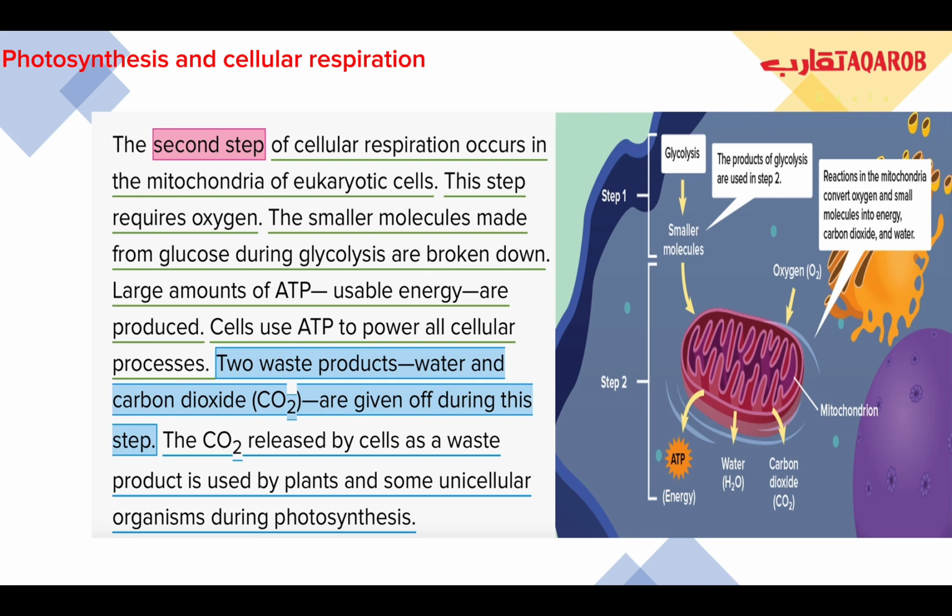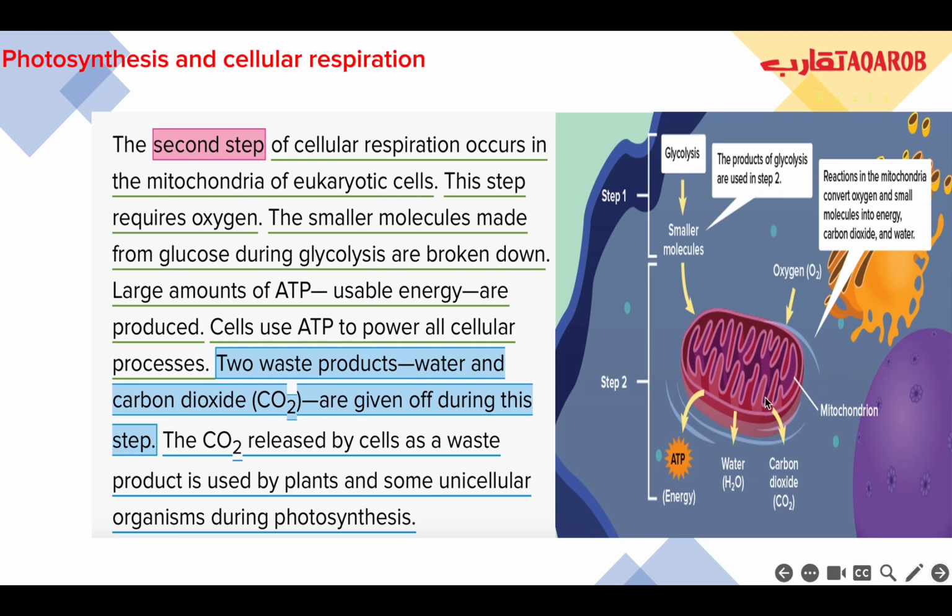Cells use ATP to power all cellular processes. So why do we need ATP? ATP is energy, so we use it. There are two waste products from this step: water and carbon dioxide.